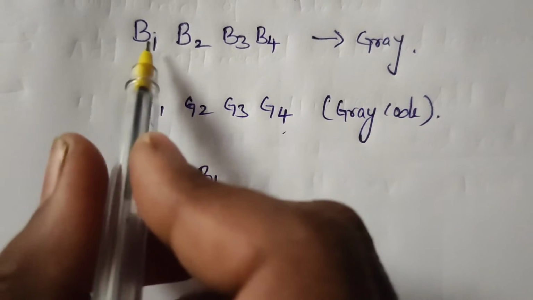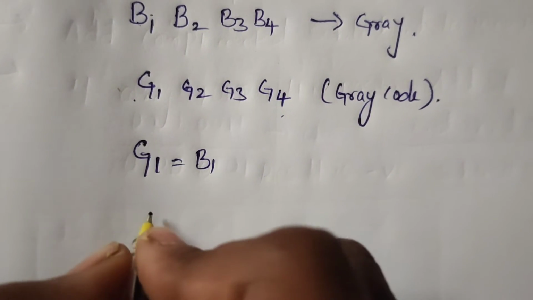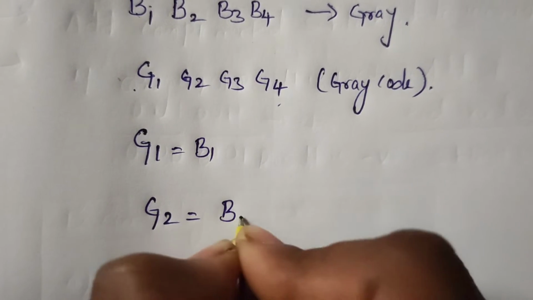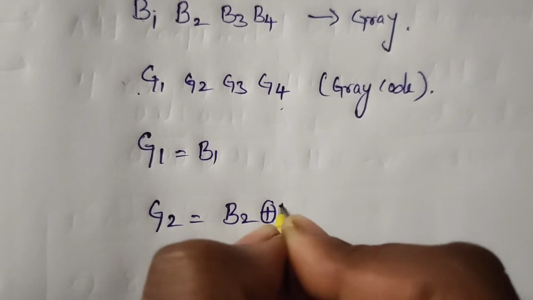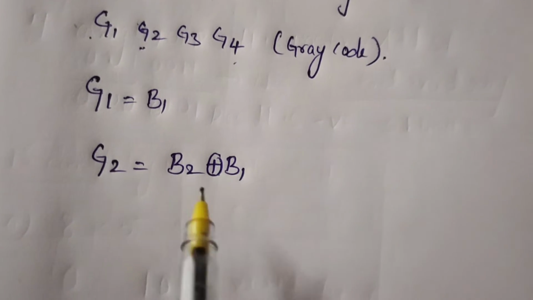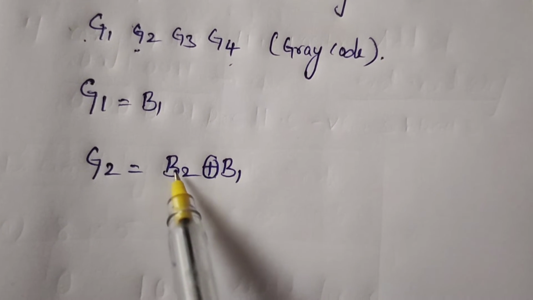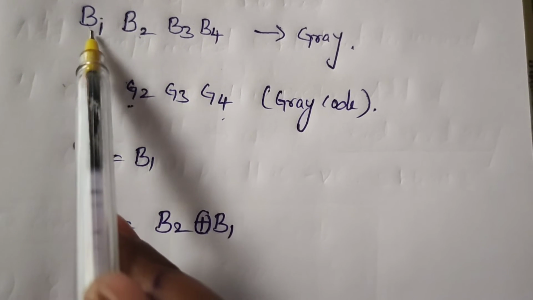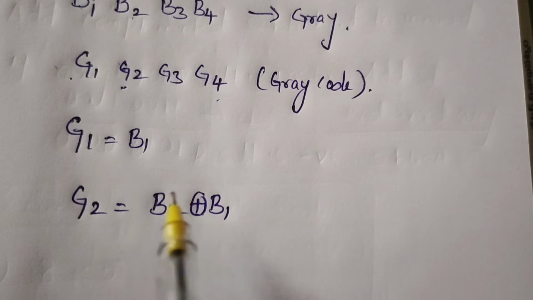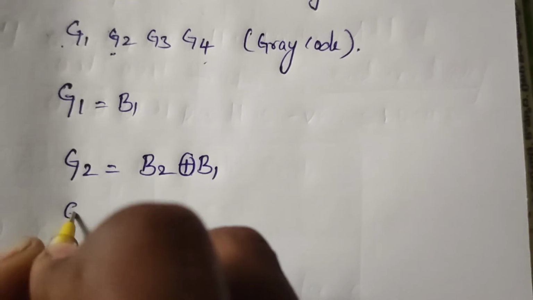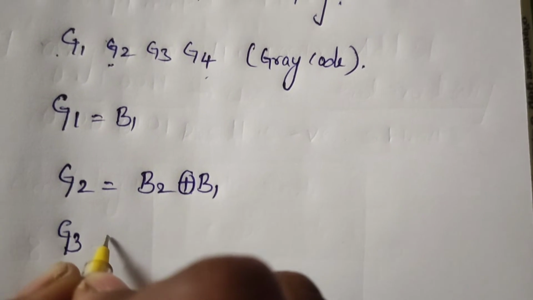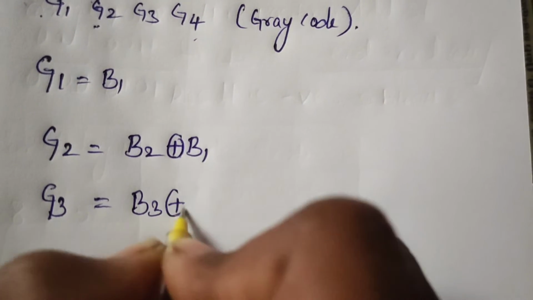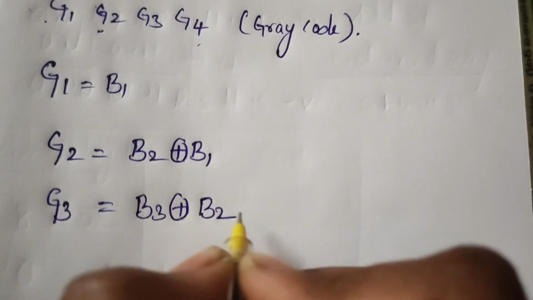The first bit, the MSB, is written as it is. Coming to G2, G2 equals B2 XOR with the previous bit B1. To obtain the second gray bit, the binary second bit is XORed with the previous bit. For the third gray bit, G3 equals B3 XOR with the previous bit B2.